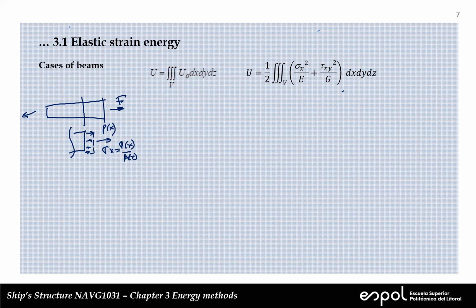That's for the case when you have aligned forces, I mean, in the x direction. So this is what we call a bar, not a beam, a bar, or a truss. Let me write it here.